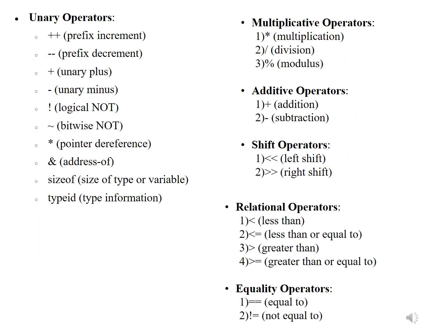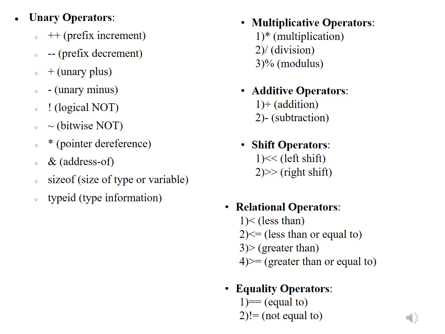Then the unary operators; plus plus is the highest priority among unary operators. There is prefix increment, minus minus prefix decrement, then unary plus, unary minus, then logical not, and bitwise not.